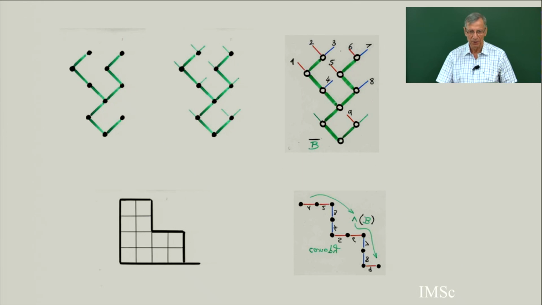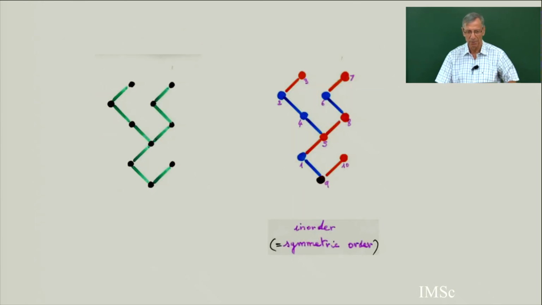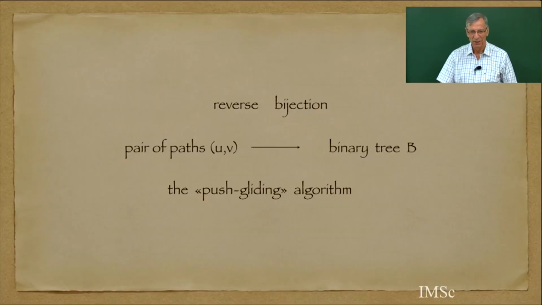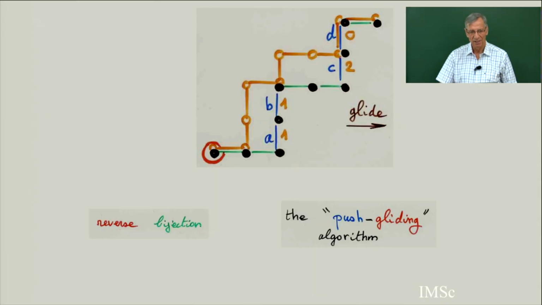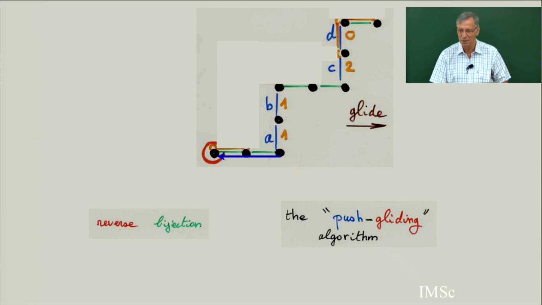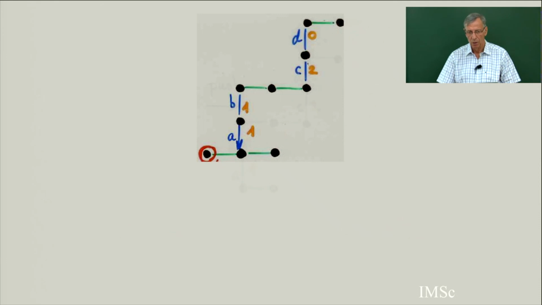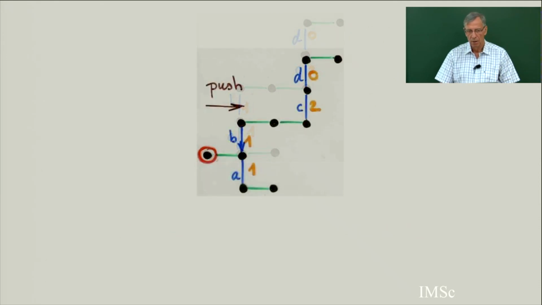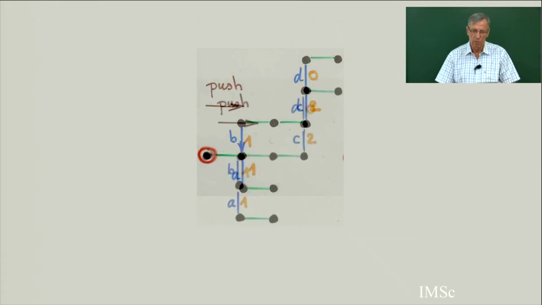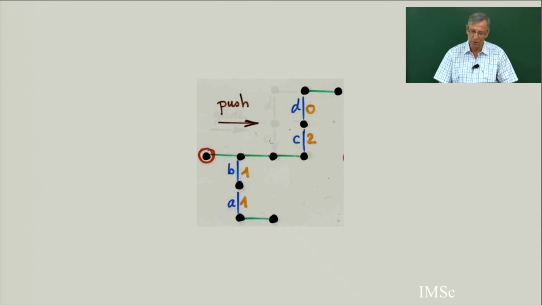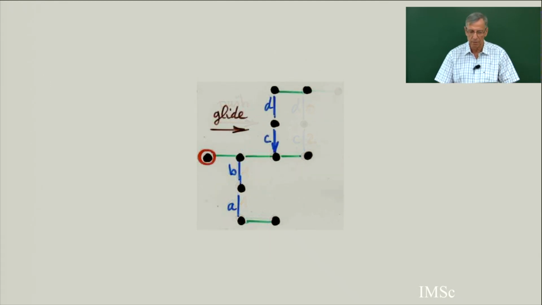Sorry for the mixture of notation. This is the path mirror image, and then this is the path in the east, another notation where instead of left and right edges, I have east and north edges. So I claim that these two algorithms are inverse of each other. I claim that this gives me a bijection.